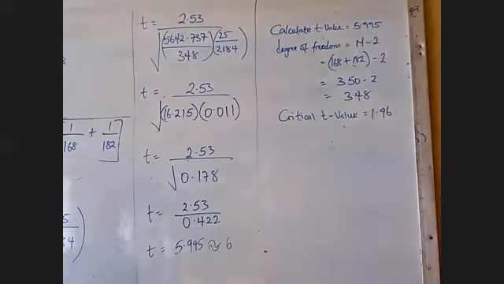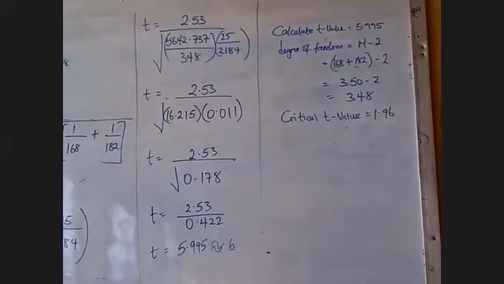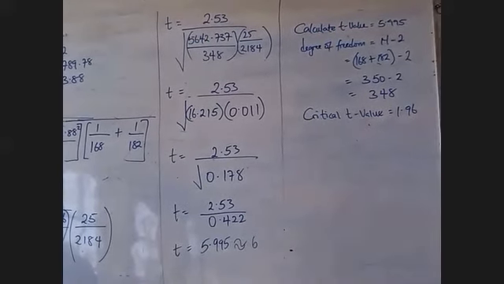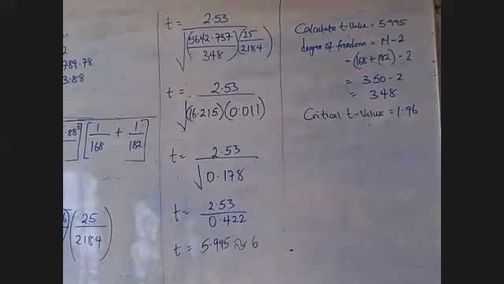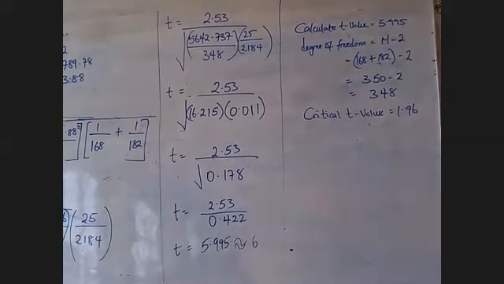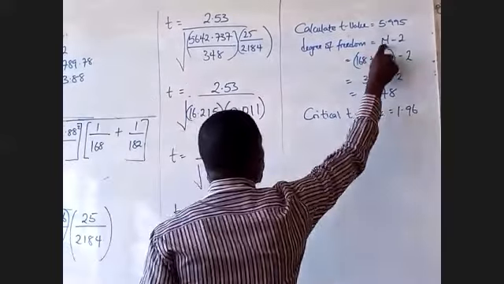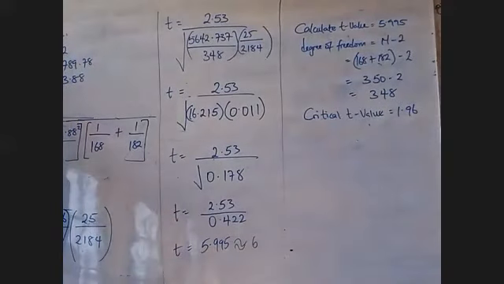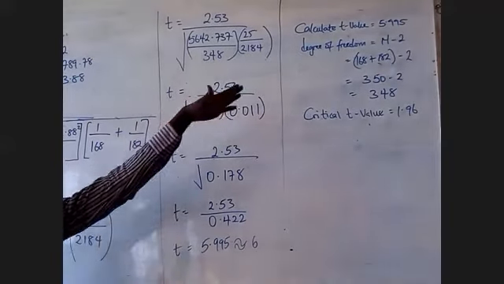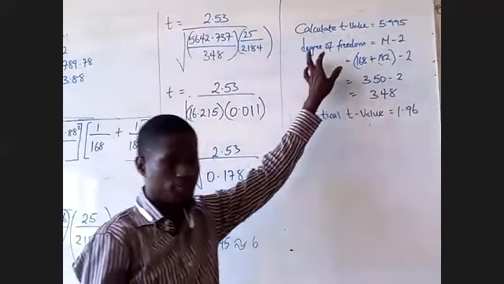So from here, what will be our final conclusion or decision? Who can formulate the final decision from where we have? And remember, you have two n's, this and this. So you use the total n, this plus this, then subtract it from 2 to get the degree of freedom.